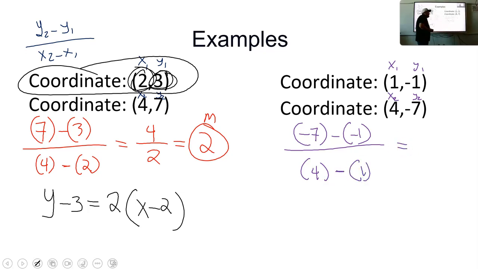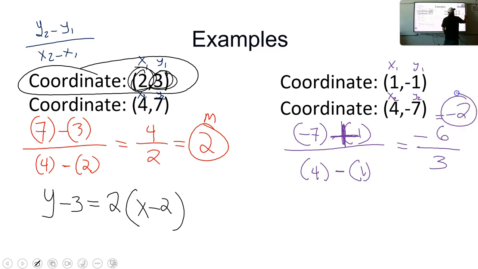So negative 7 minus negative 1. When you minus a negative, it's the same thing as adding. So negative 7 plus 1 is negative 6. And then 4 minus 1 is 3. Negative 6 divided by 3 gives me a slope of negative 2.